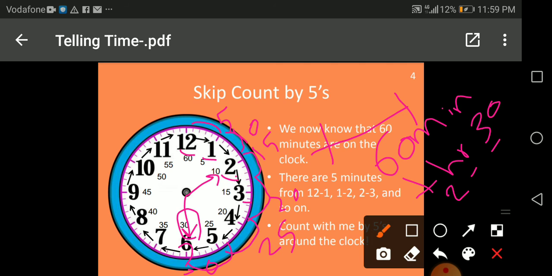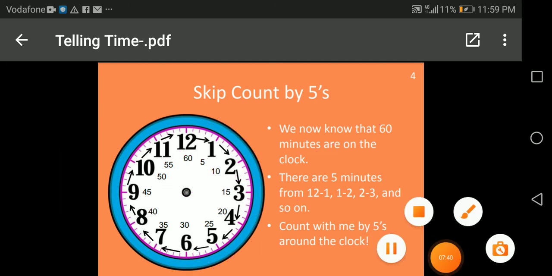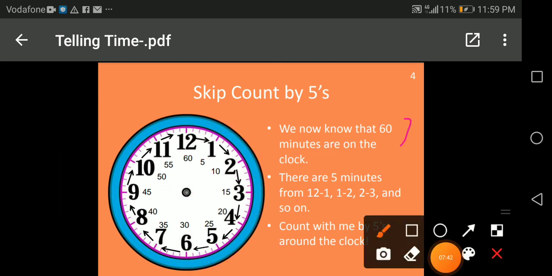So it's 2 and half an hour, to 30 means 2:30. What about if I say it's now 8:30? The short hand points to 8 and the long hand points to 30.